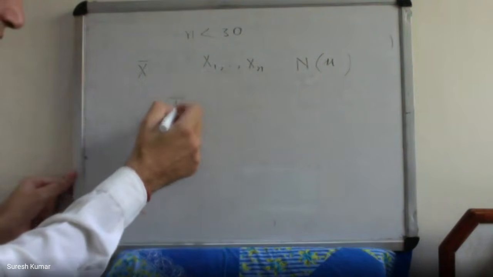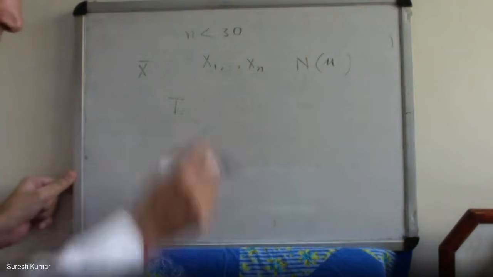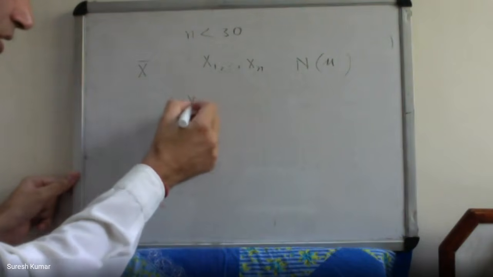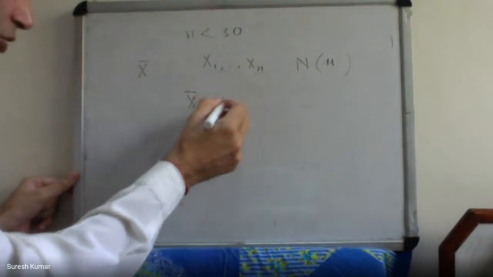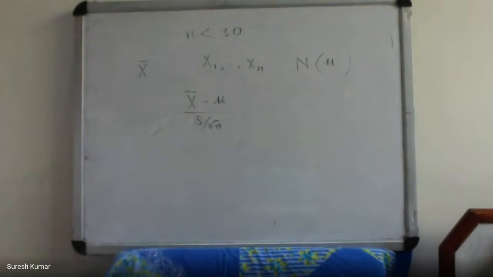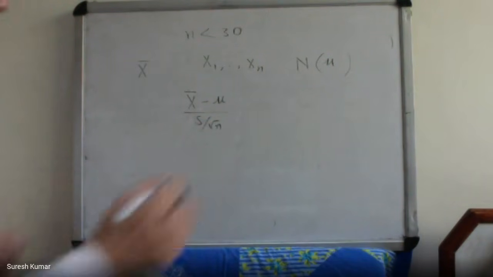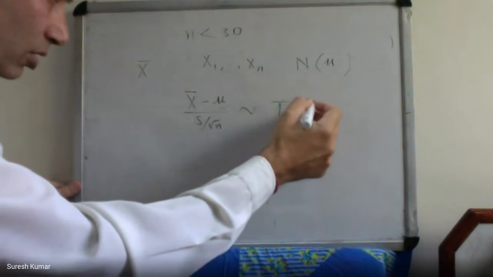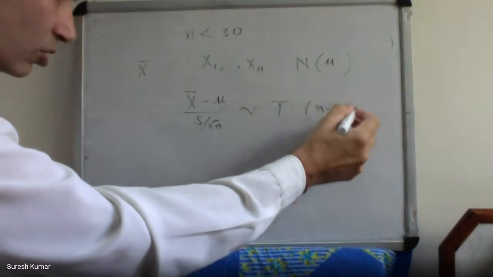Suppose the sample is taken from a normal population with unknown variance. Then we have a result that you should write down: the statistic x bar minus mu over s by root n, where s is the standard deviation of your sample, follows a t distribution with n minus 1 degrees of freedom.